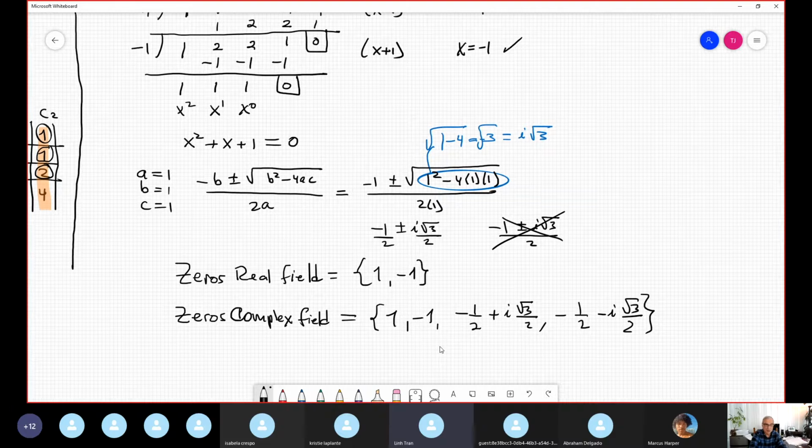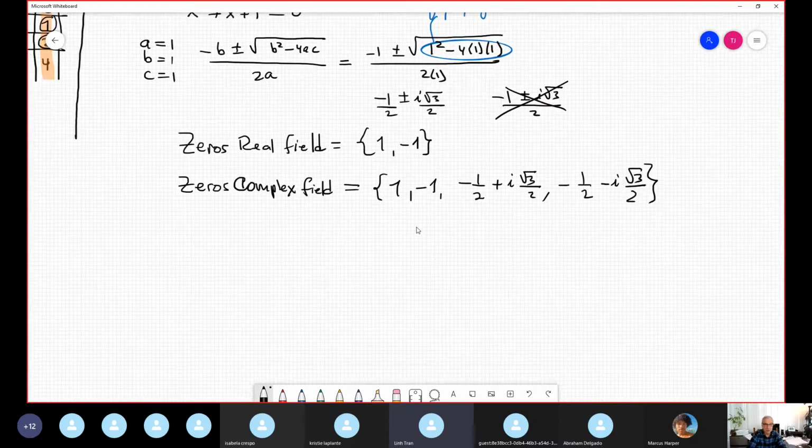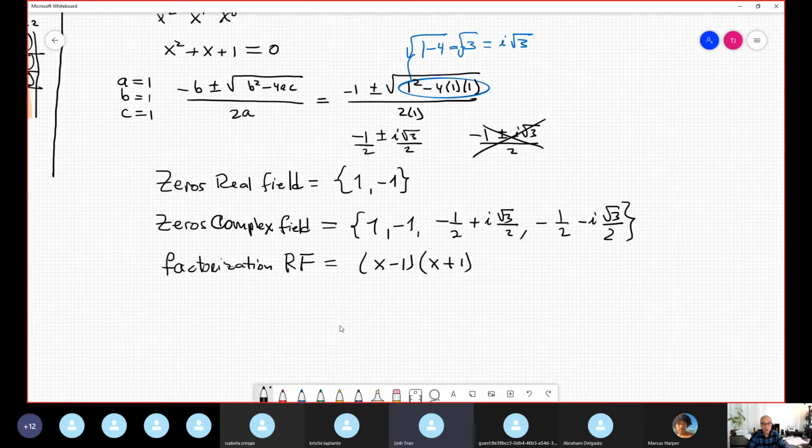Now, the factorization. Suppose the answer is not zeros anymore, but the factorization. The factorization in the real field is x minus 1, the factor that I discovered in synthetic division, x plus 1, sorry, and you stay in the real field with one irreducible quadratic expression, like that.